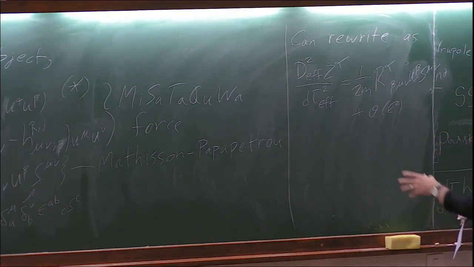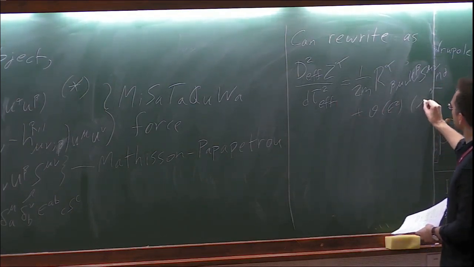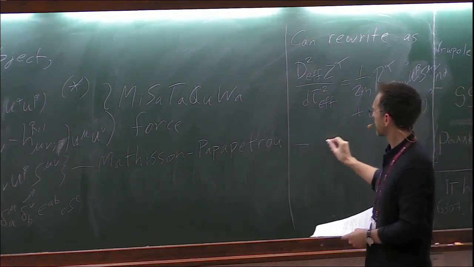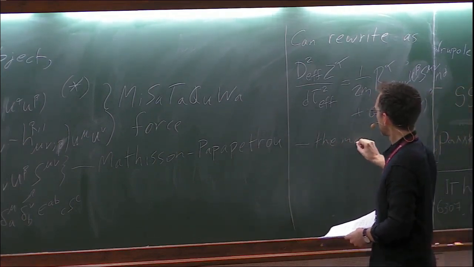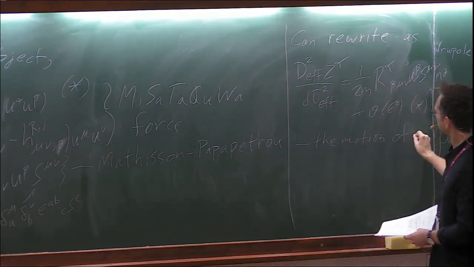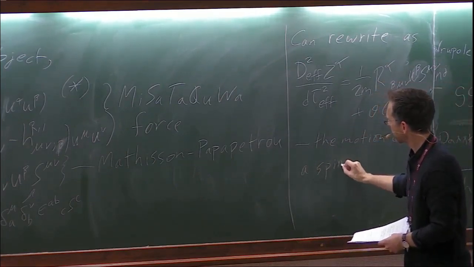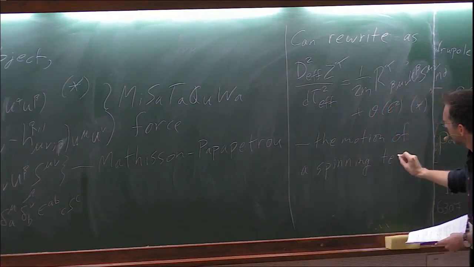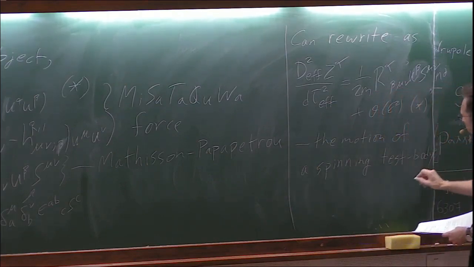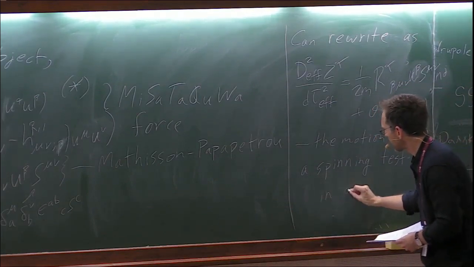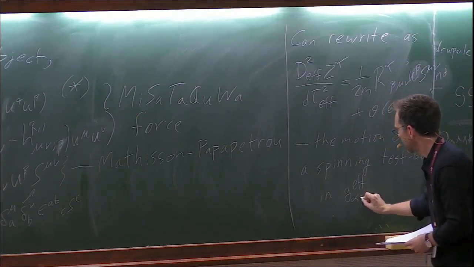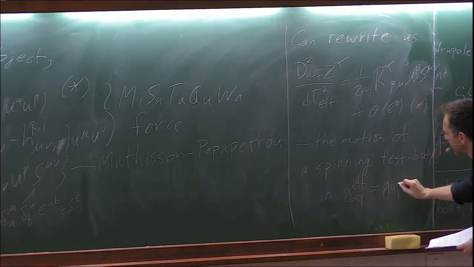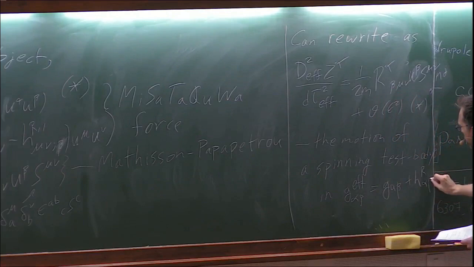So this is star again, this is actually the motion of a spinning test body in the effective metric, G effective is G plus HR. So this spinning small object is moving as if it were a test body in this effective external metric.